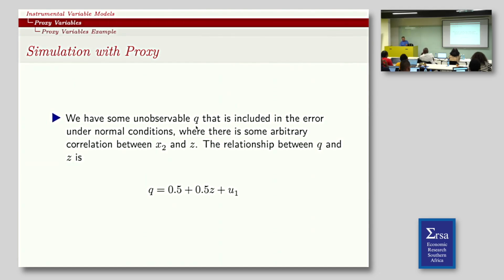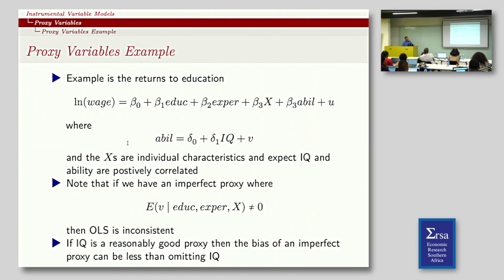So here's the example we want to show. We've got an unobservable Q. We're going to include it in the error under the usual conditions, where there's arbitrary correlation between x2 and this z here. So I'm basically taking this ability equation here as my proxy story.